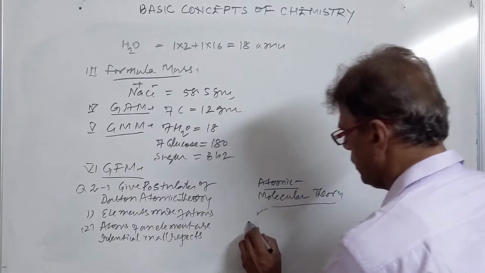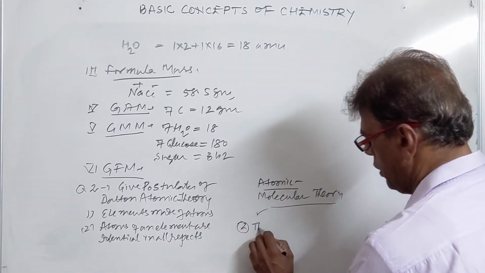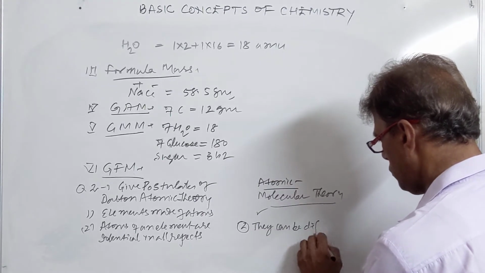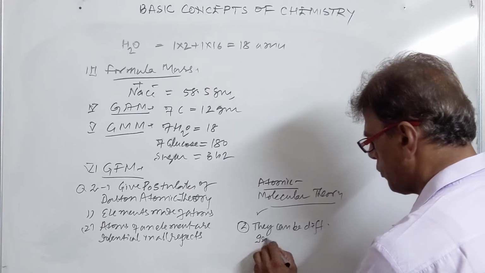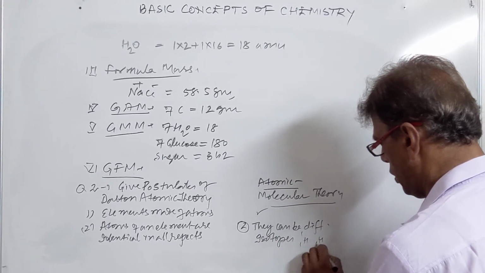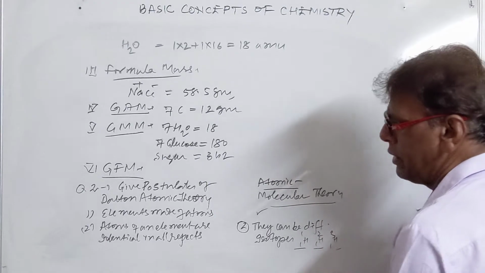This postulate has been changed, so they can be different. We have isotopes. For example, hydrogen has 3 isotopes, 1s1, 1s2, 1s3. These are protium, deuterium and tritium.